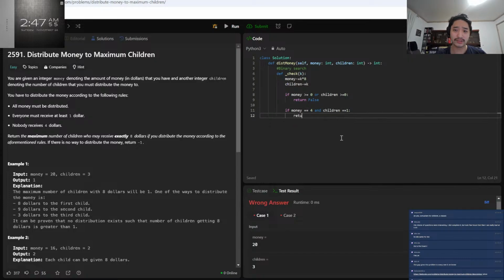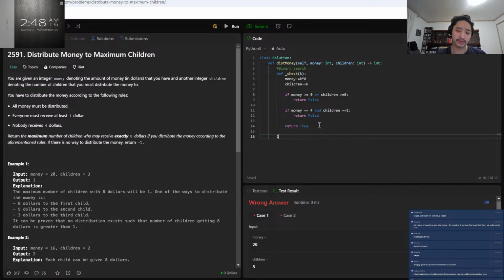Is it actually really false? I can combine this, but I just want to have the clarity. Else return true. Yeah, this check should be fine.